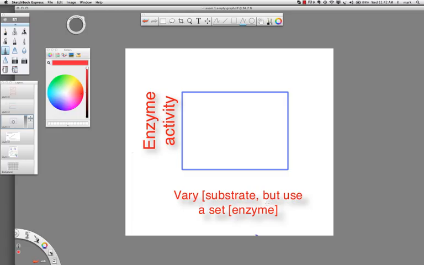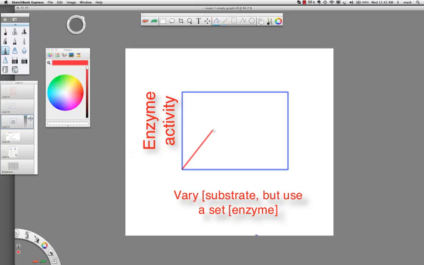So, the typical result of the experiment is that as substrate concentration increases, enzyme activity increases. And then there's a curvy part. And then another straight line relationship in which as substrate increases, enzyme activity fails to increase. That's drawn badly.